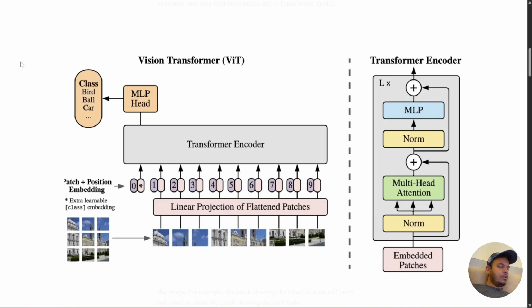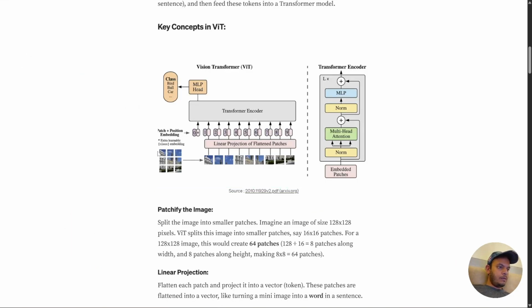Moving ahead, I will try to explain how the patchifying works. But before that, let me draw out the architectures and some of these diagrams, because it's going to be helpful for us to understand more in future.